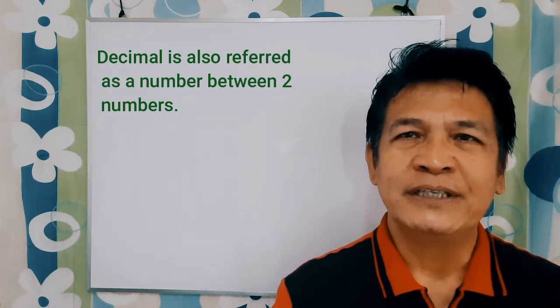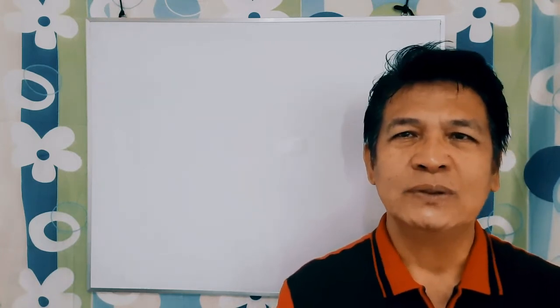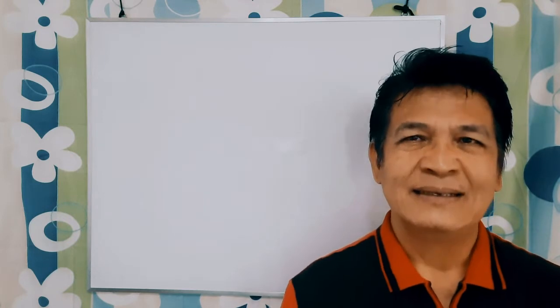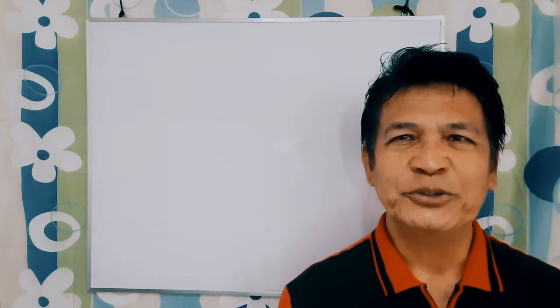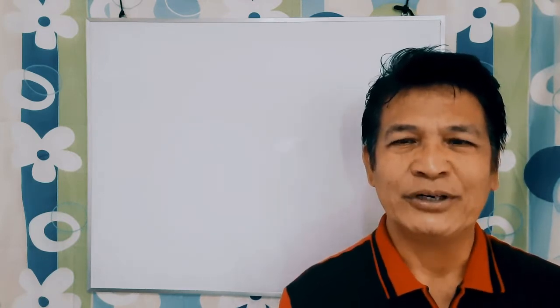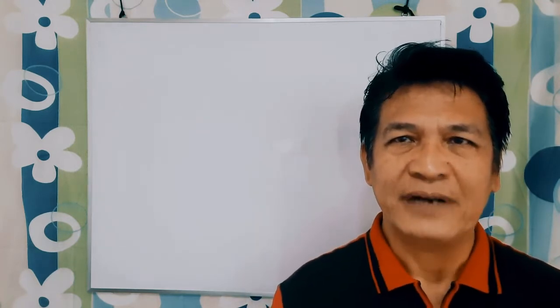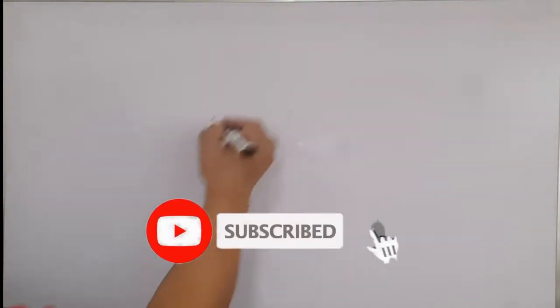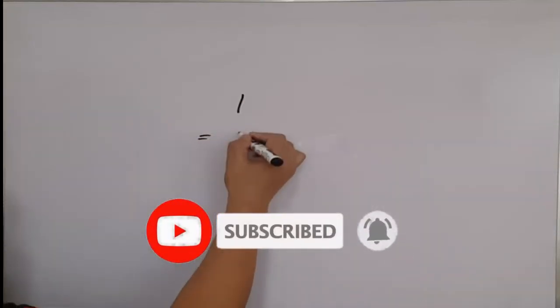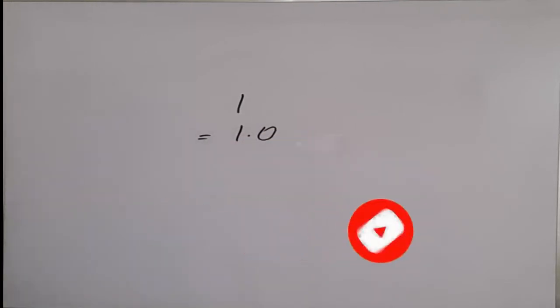Okay, how do we convert a fraction into a decimal? It's easy. We just divide the numerator by the denominator. Okay, I will just tell you something that will help you in converting fractions into decimals. For example, the number 1 is equal to 1.0.